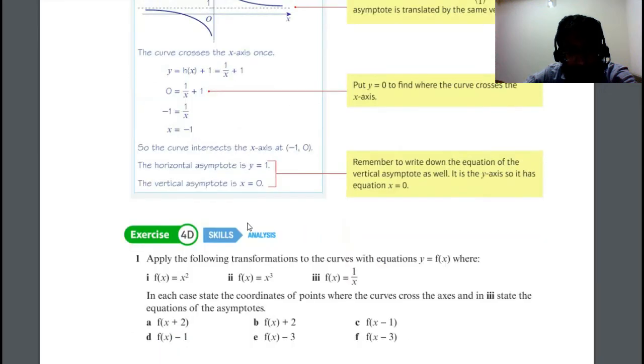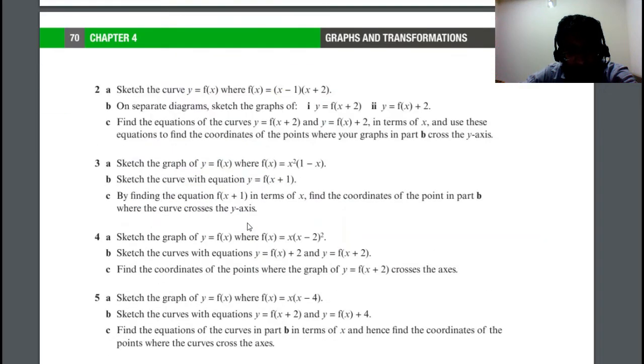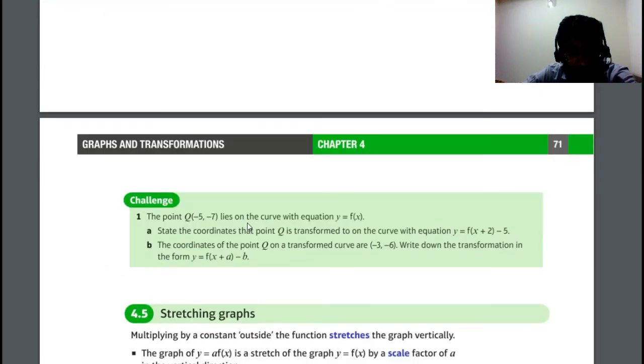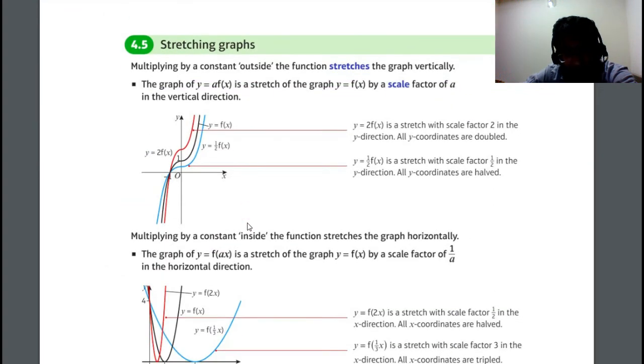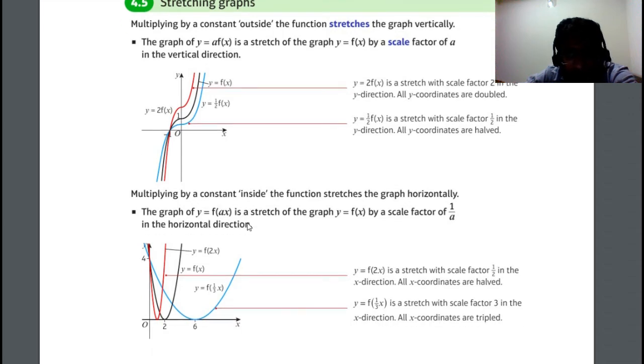Challenge, stretch. Okay, you multiply to stretch, and you divide to contract. 2 of f of x gets stretched vertically, and f of 2x gets stretched horizontally.